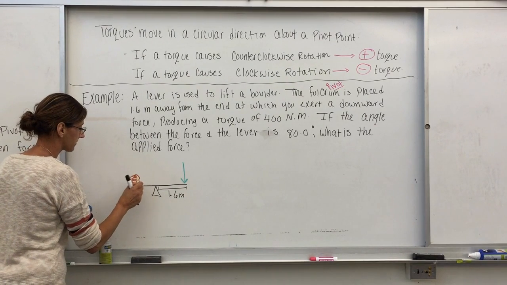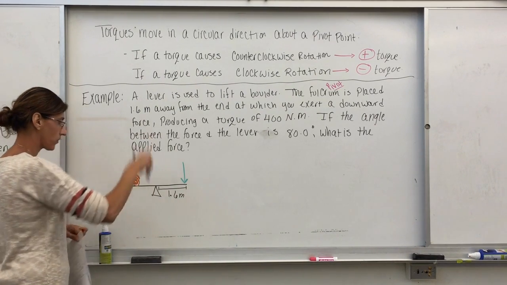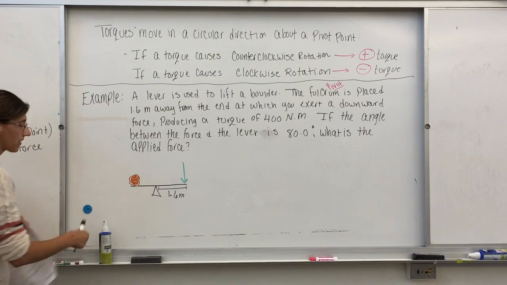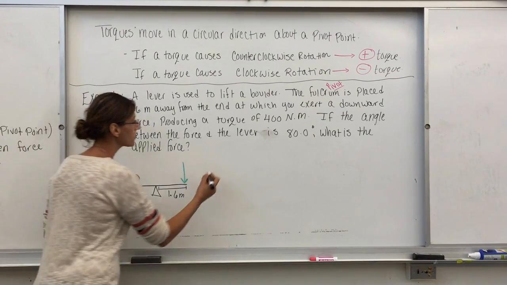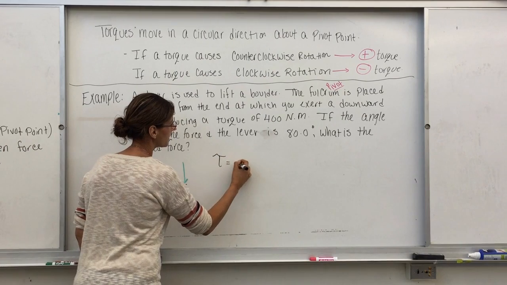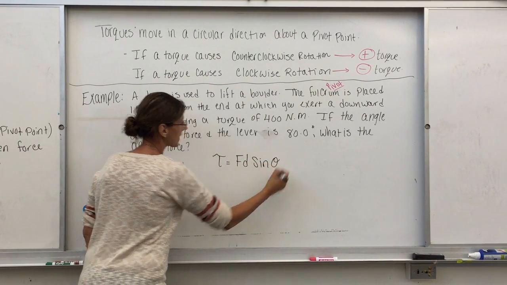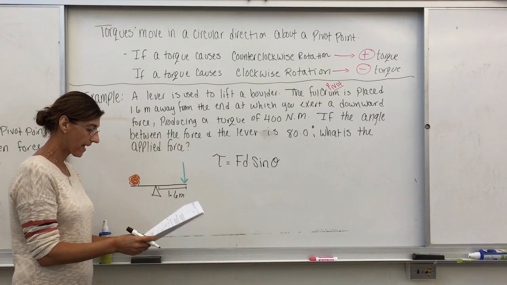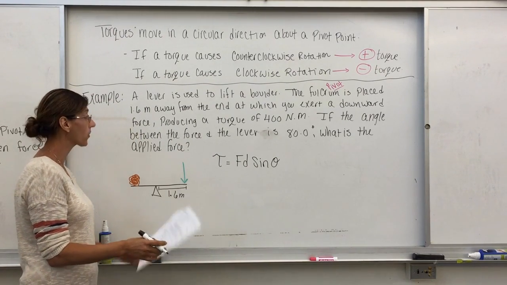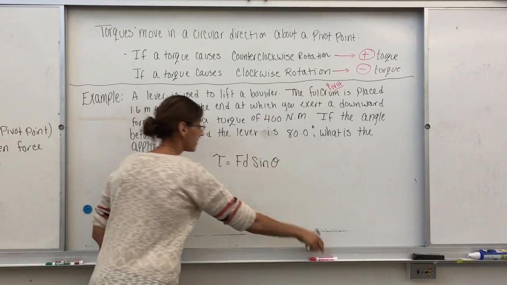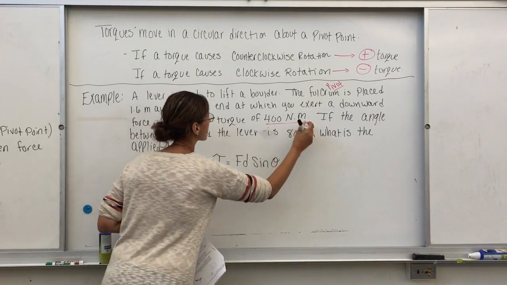Here's your boulder. Okay, so you apply a force downward to lift the rock. You're going to use the equation we just learned. Torque equals FD sine theta. Okay, we have the torque is right here, 400 Newton meters.